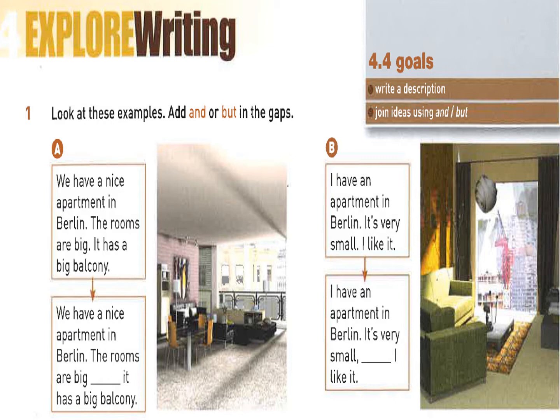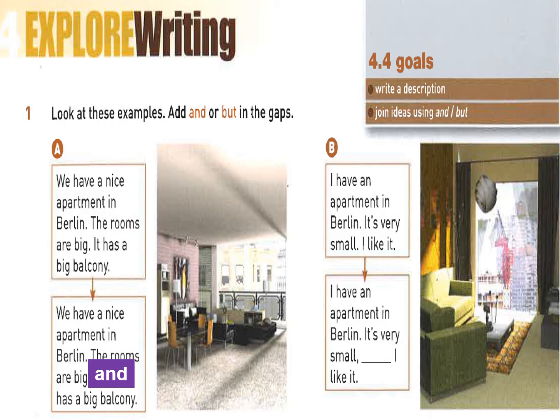So, the rooms are big. This is good information. It has a big balcony. This is good information, something positive. So we have a positive thing plus a positive, join it with and. We have a nice apartment in Berlin, the rooms are big, and it has a big balcony.